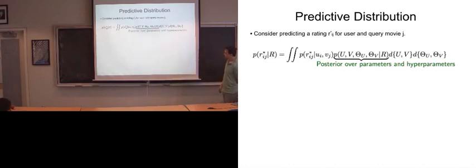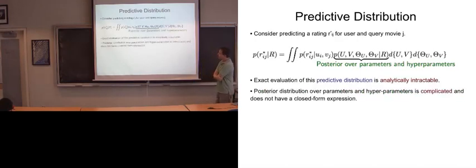So effectively you have to infer the posterior distribution over the latent variables as well as integrate with respect to that distribution. Now it turns out that evaluating this predictive distribution is intractable. In fact, the posterior distribution of parameters and hyperparameters in that model is complicated and there's no closed form solution. So you can't do that, and you need to approximate.